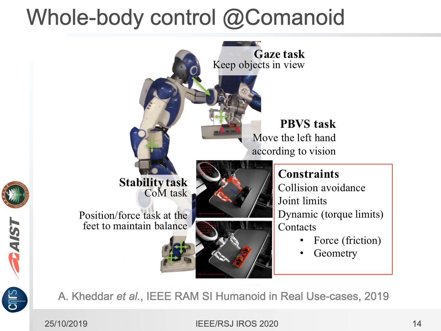For example, in a recent demonstrator of a humanoid robot operating in a real aircraft manufacturing setting of Airbus at Saint-Nazaire, we achieved the predefined goals using this type of controller.